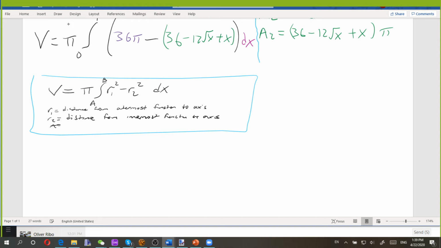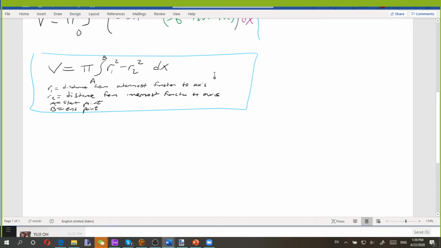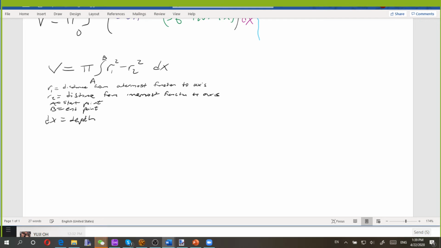A is your start point, and B is the end point. I guess we say dx is your depth, which makes this three-dimensional.